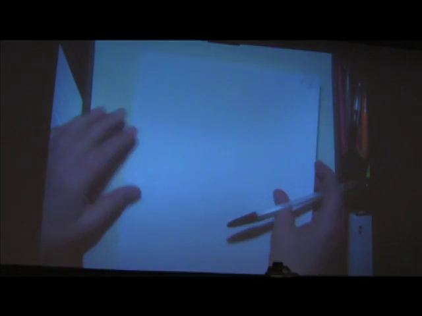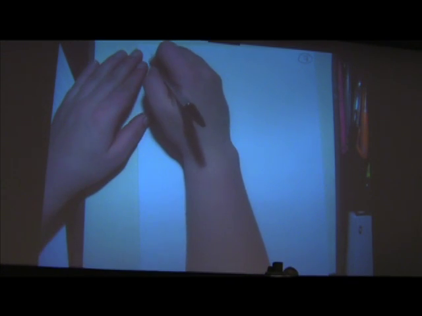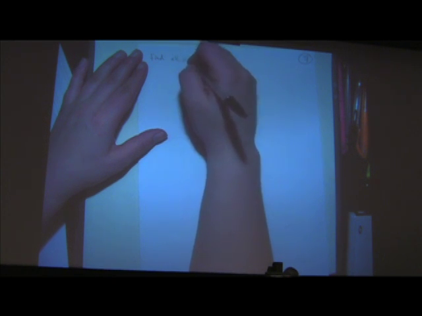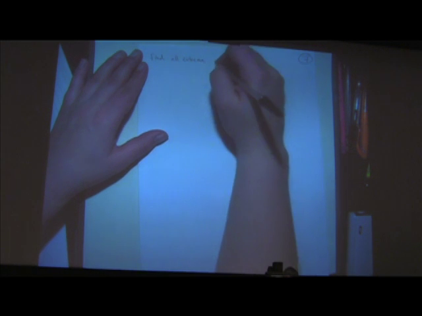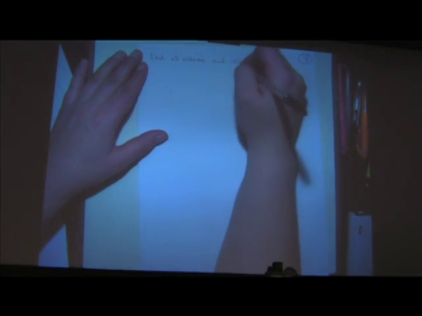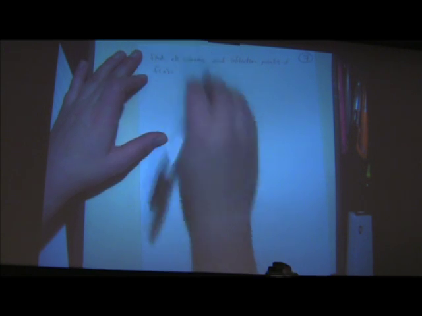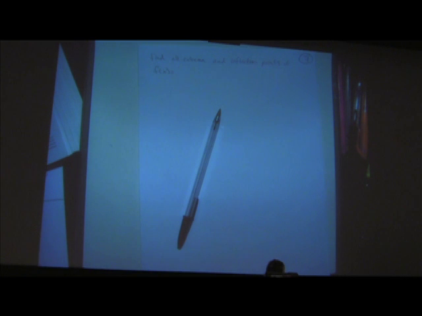Find all extrema and inflection points. I think this is the one I'm thinking of.